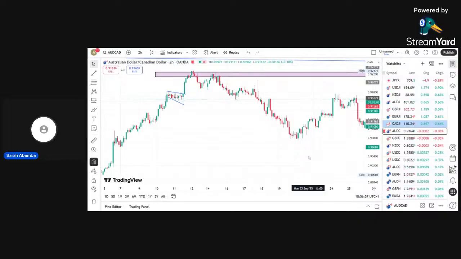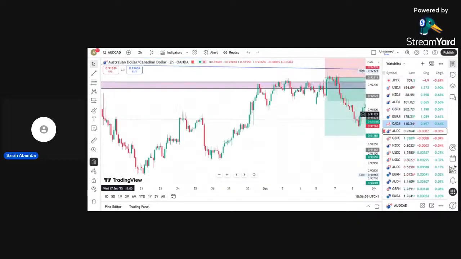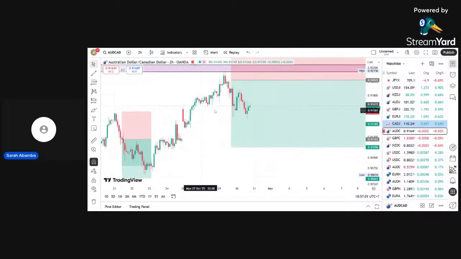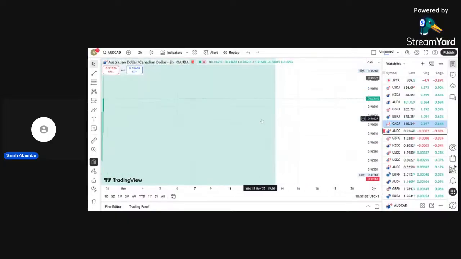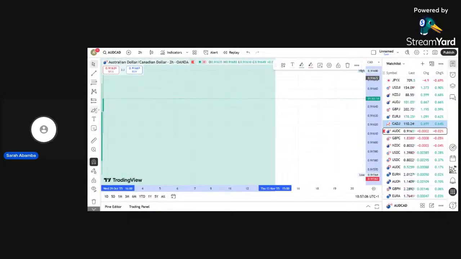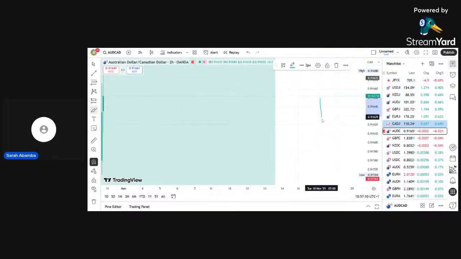I want to actually draw it out. So for the tweezers, we have something like this, and the same size. My sizes may not be exactly equal, but you understand, the same size of candlesticks.